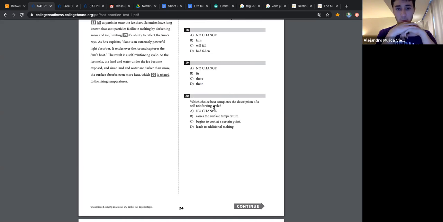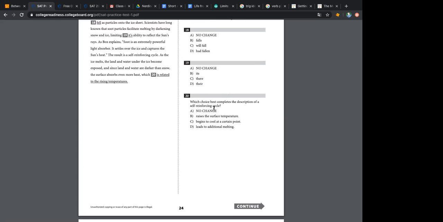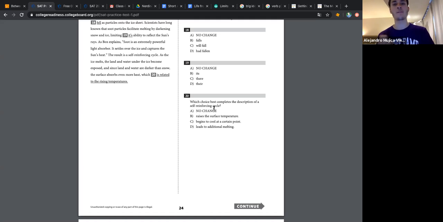Can anybody tell me what type of question this is? It's an idea development question because we have four different ideas, four different concepts as our options.